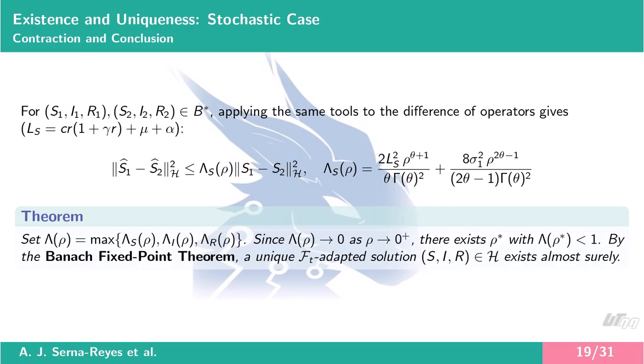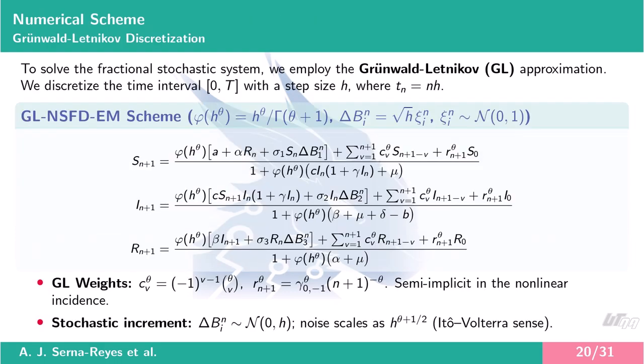By the Banach fixed point theorem, there exists a unique Ft-adapted solution almost surely, and the stochastic model is mathematically well posed. To approximate the fractional stochastic system numerically, we employ a Grunwald-Letnikov discretization combined with an Euler-Maruyama step for the stochastic terms.